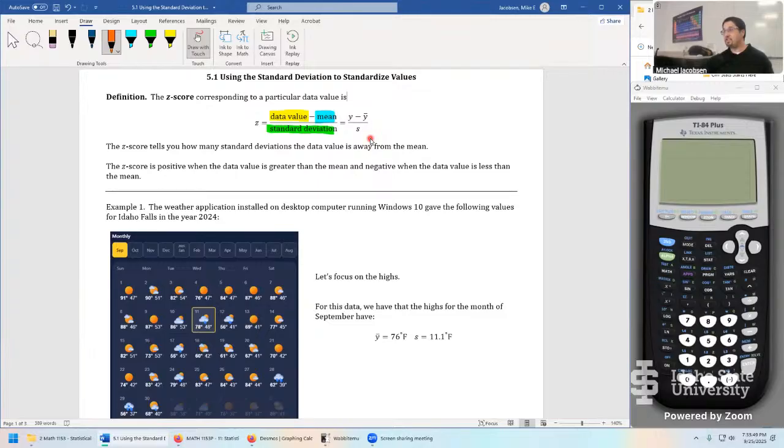If you're dividing by the standard deviations, this is going to be equal to the number of standard deviations y is from the mean, let's say the mean y bar.